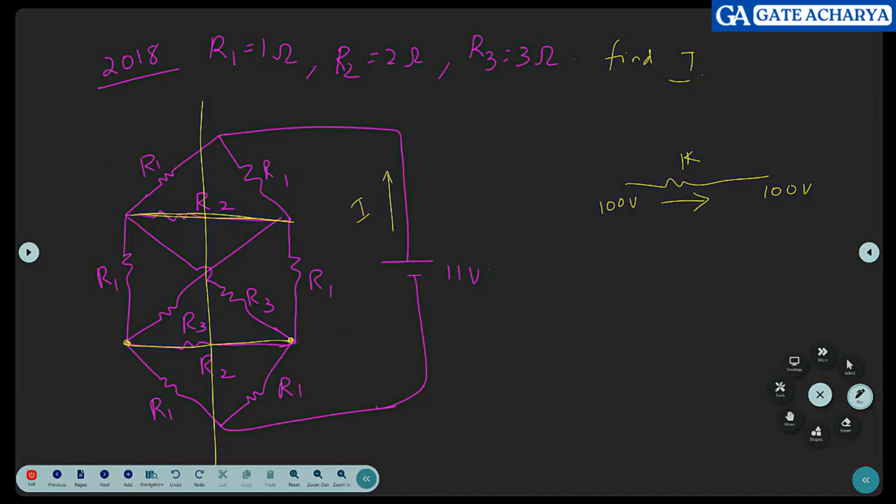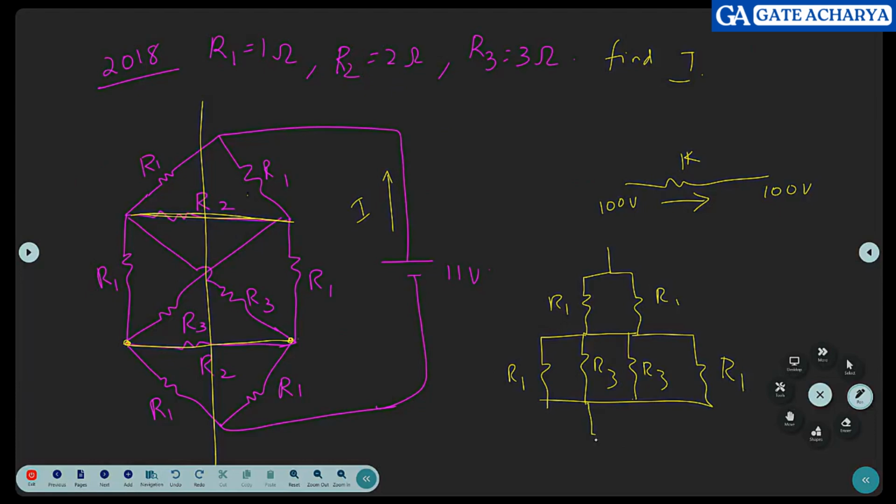These two resistances are parallel. R1, R1. Short circuit. And then the resistor R1 comes. Then R3 comes. Then again another R3 comes. Then again R1 comes.